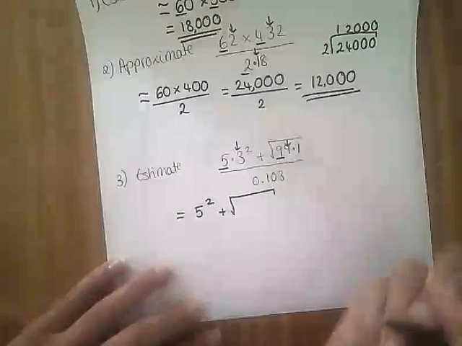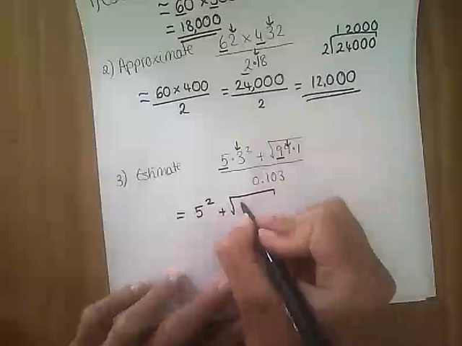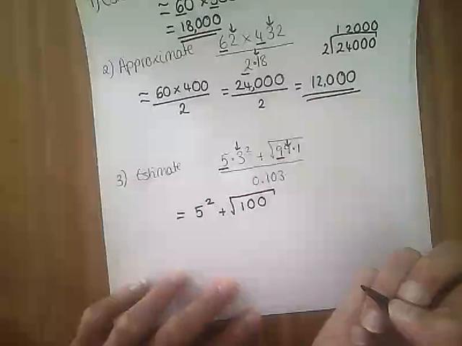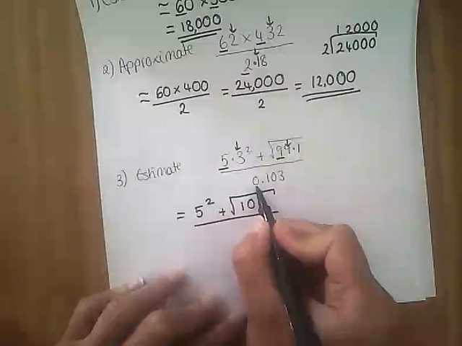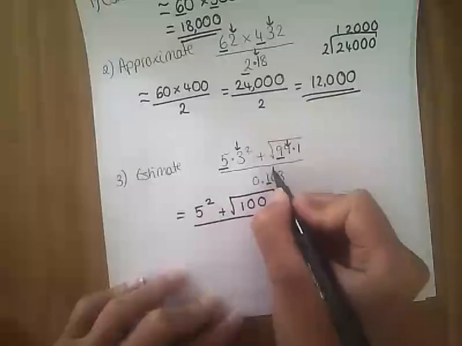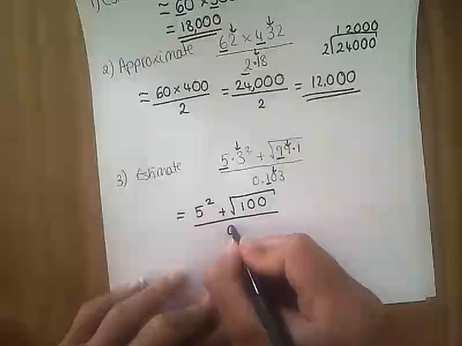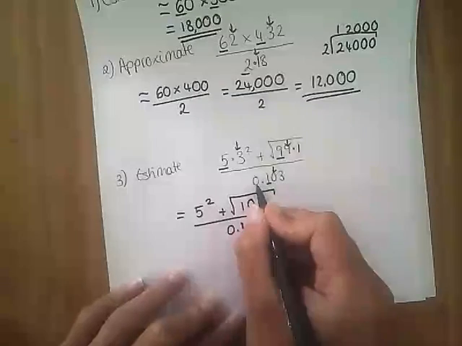The 9 next door is 5 or more, so that bumps that up, so that will become 100. And on the bottom, that 0 does not count as a significant figure, so the first significant figure is this 1. The number next door is not 5 or more, so that stays as 0.1. Don't change that to a 1, it's 0.1.